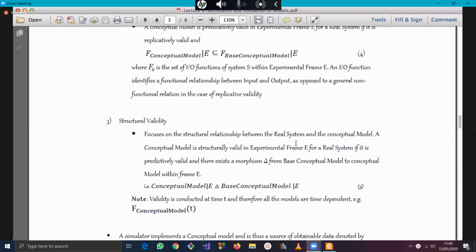Remember, one of the characteristics of a good system is adaptability, meaning that if you change various input structures, your model should be able to accept and handle such things. That's why I focus on the structural relation between the real system and the conceptual model, where you are looking at the building blocks of the structure in which you are building your model.